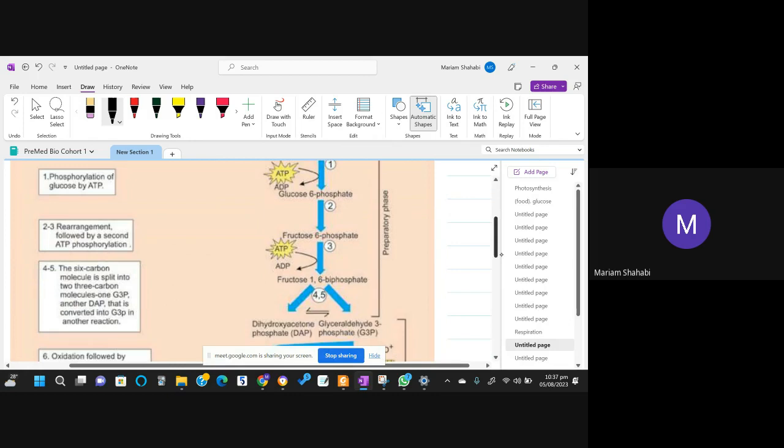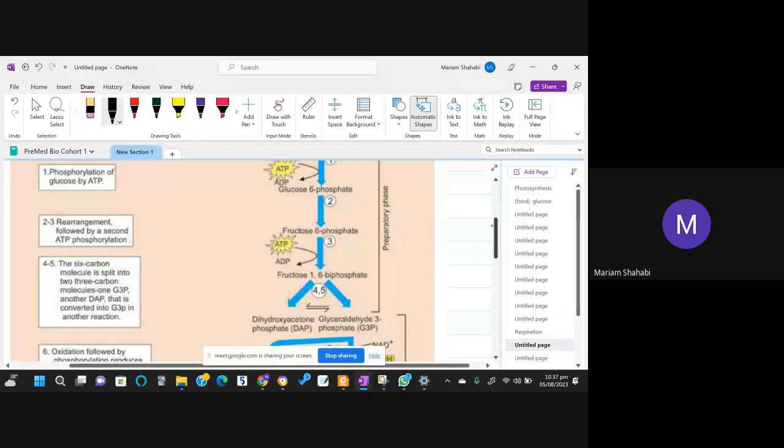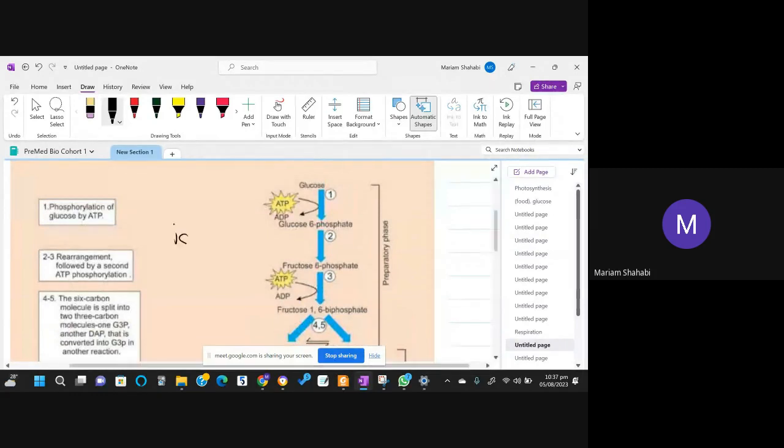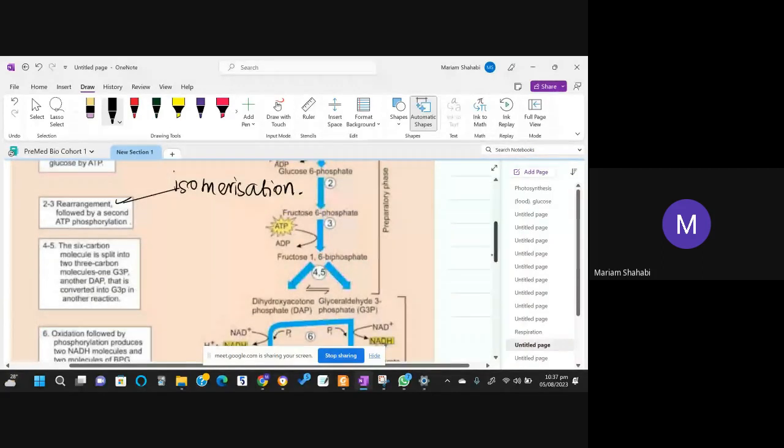Then in the next step, the glucose 6-phosphate undergoes isomerization, because glucose and fructose are isomers. Here just a simple rearrangement happens, so that is isomerization, and you get fructose 6-phosphate. Now in the third step, you use another ATP molecule and you phosphorylate fructose 6-phosphate into fructose 1,6-bisphosphate.